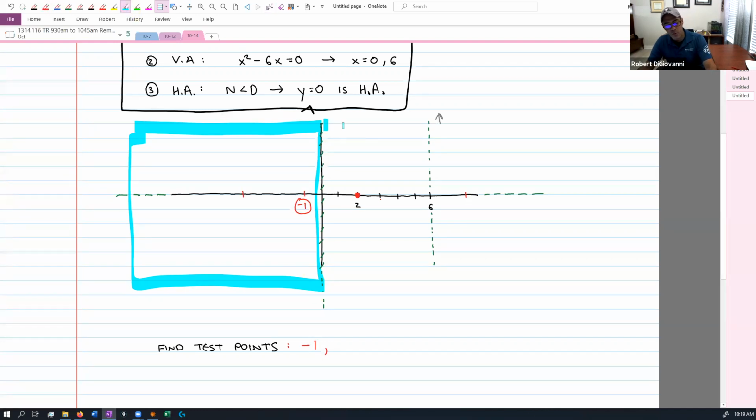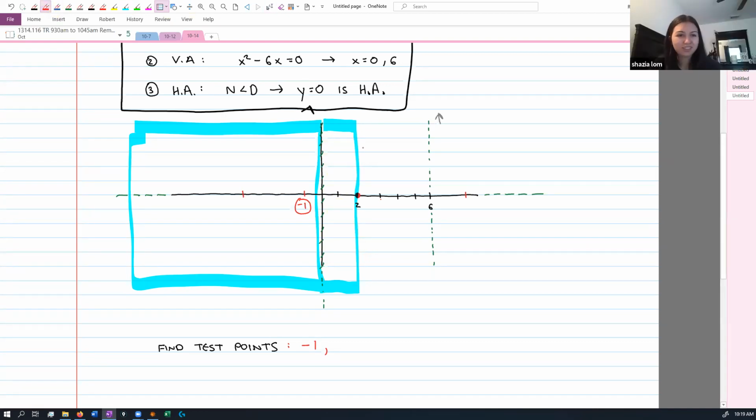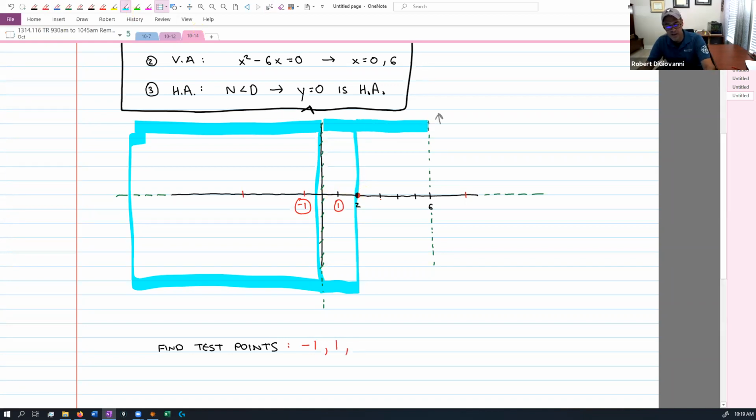Now I need to know what happens in this little region right here. What's a good test point for here? 1. 1. That's probably the best test point for that because you're looking for something between 0 and 2. So 1 will be a test point. The next region I need is this region right there.